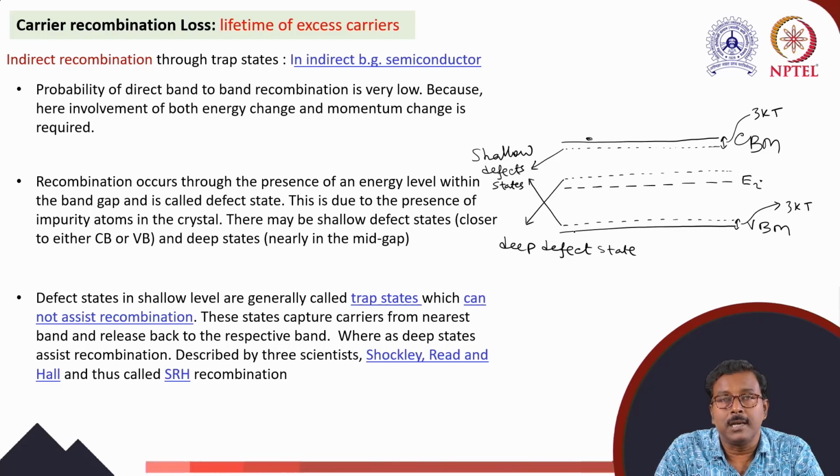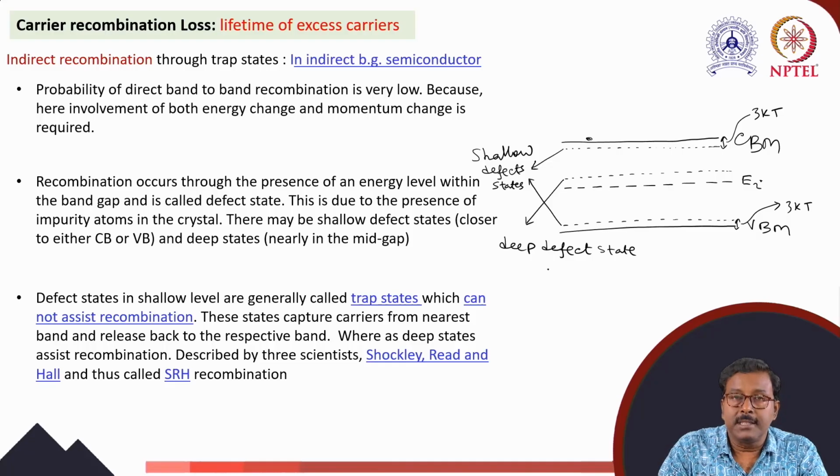Generally, the shallow defect states are called trap states, but not recombination centers, because mostly in case of recombination, deep defect states are required. Although there are some other factors which determine whether a carrier will recombine through deep defect states or shallow defect states, mainly it is seen that electron hole recombination takes place through deep defect states, not through shallow defect states.